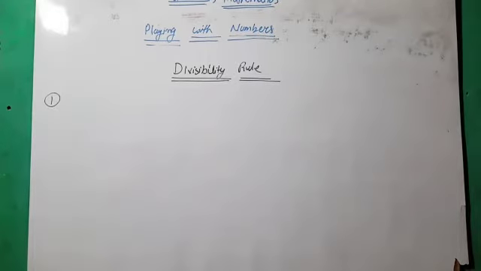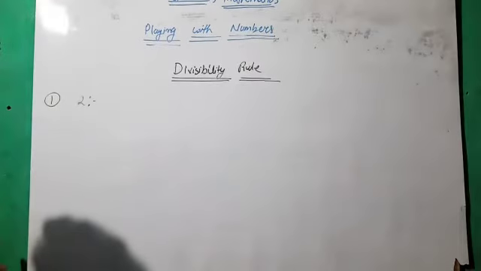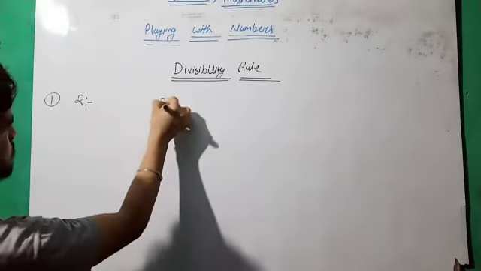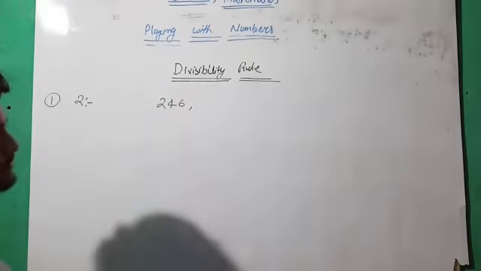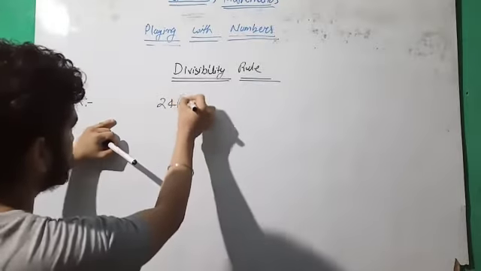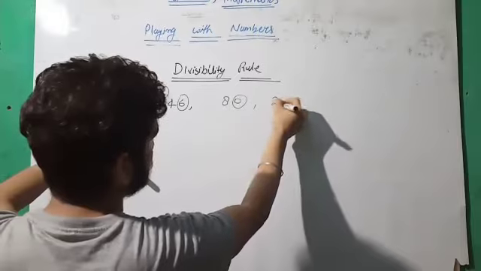All the even numbers are divisible by 2. Even numbers end with 2, 4, 6, 8, 0. The last digit is 2, 4, 6, 8, 0, like this.